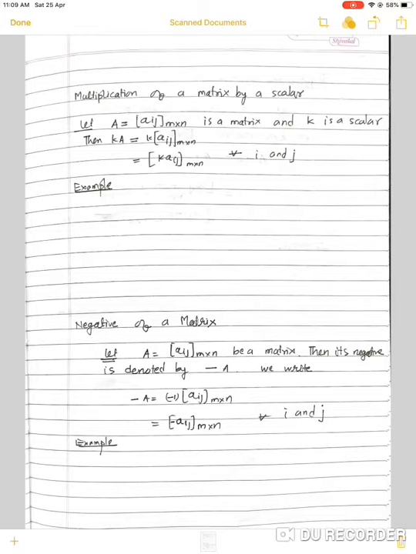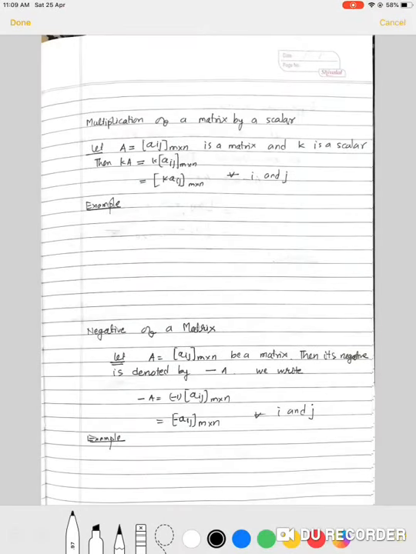Now next we are going to discuss multiplication of a matrix by a scalar. Let A = [Aij] m cross n be a matrix, and k is a scalar.